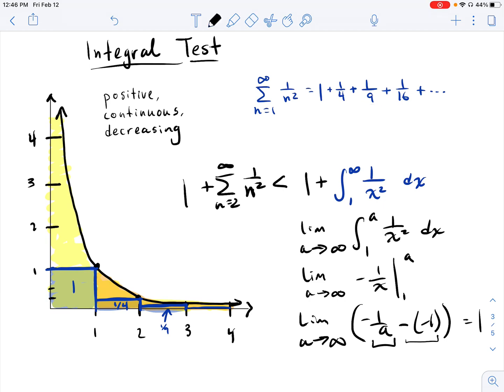So if we look at a series like 1 over n squared here, what we can effectively do is reason the following. If we can think of an equivalent function, a function that models something like 1 over n squared, with the following conditions: that this function is positive, continuous, and decreasing. If you look at 1 over x squared or 1 over n squared, we see that all three of those conditions are met.